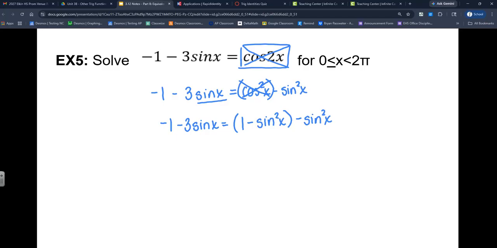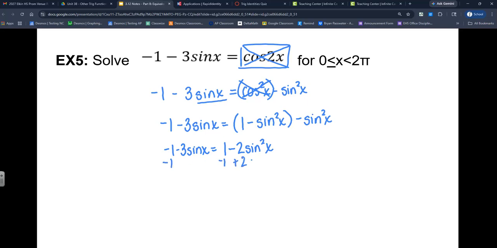Now I need to just combine some things and see what I can simplify. So I've got, leave this side alone for now. I've got a negative sine squared x and another negative sine squared x. So that's going to be 1 minus 2 sine squared x. And then let's get everything to one side, right? So I'm going to subtract this 1 here.